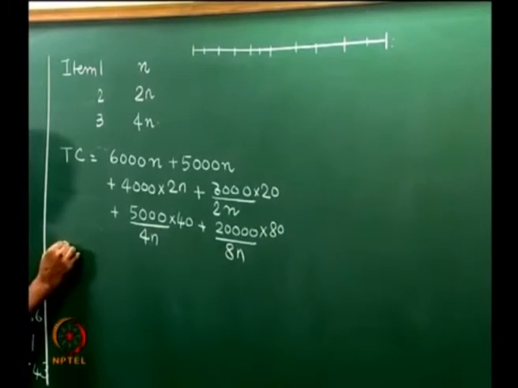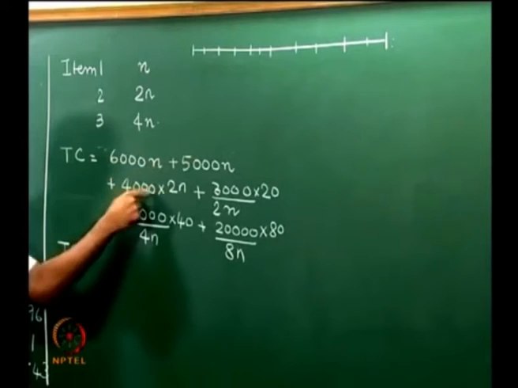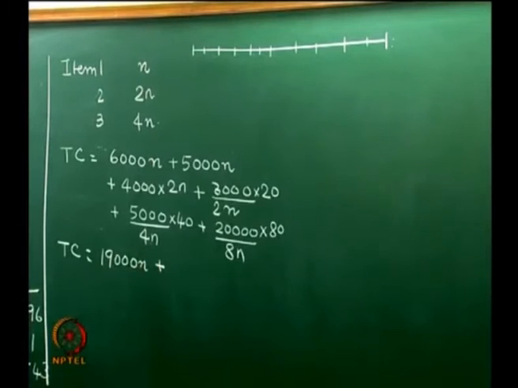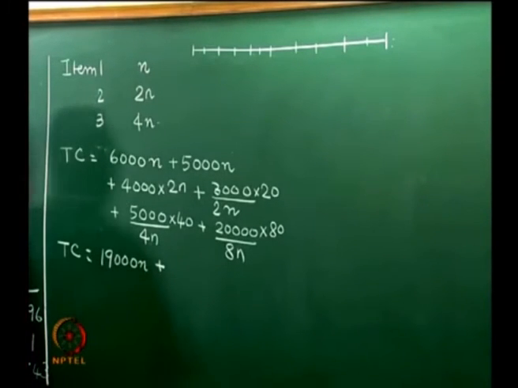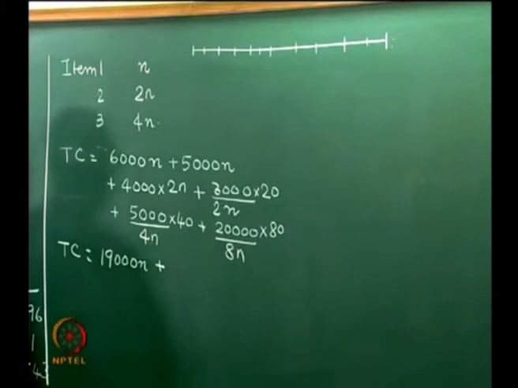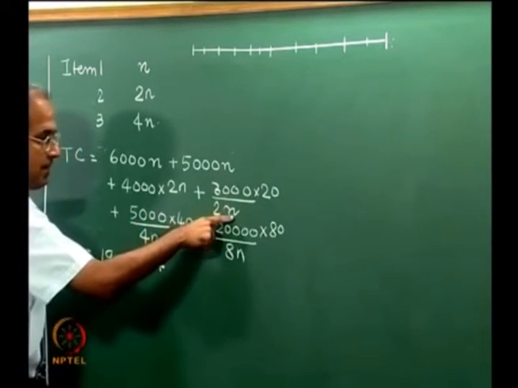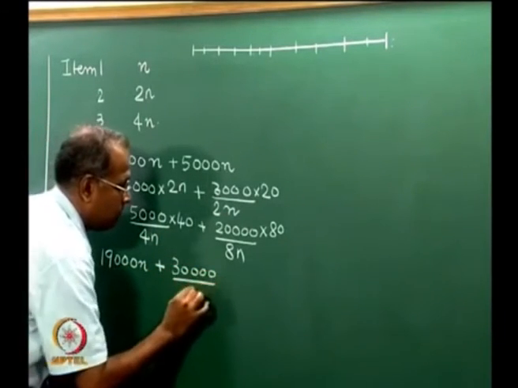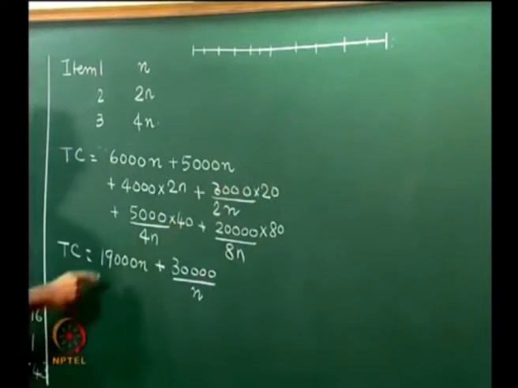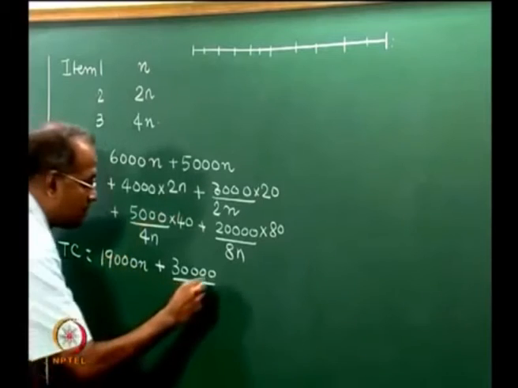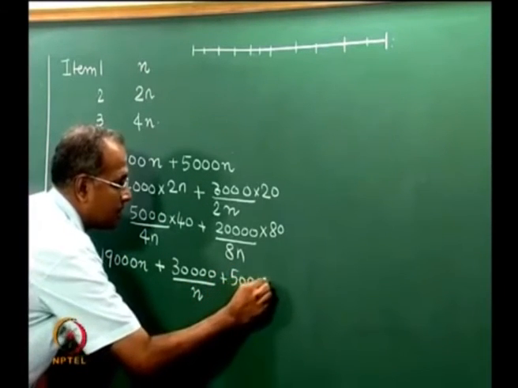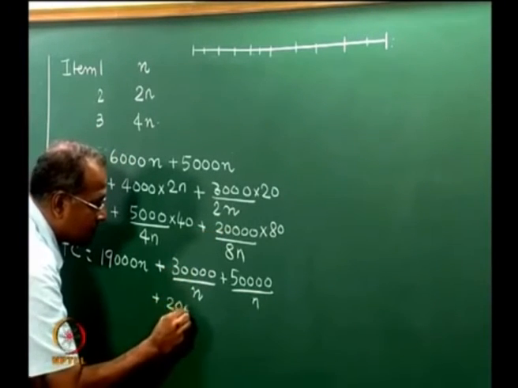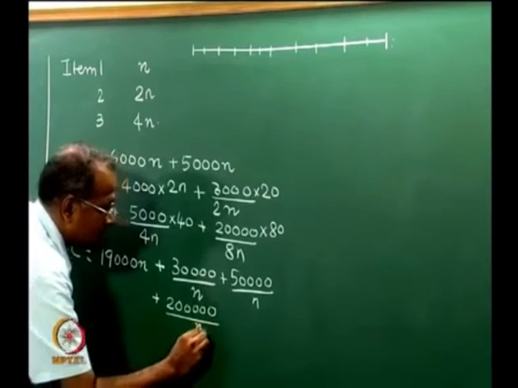So now Tc is equal to 6 plus 5, 11 plus 8, 19,000 n plus this is 30,000 divided by n, 30,000 divided by n, this 2 gets cancelled into 10, this 4 also gets cancelled, plus 50,000 divided by n plus 200,000 divided by n.